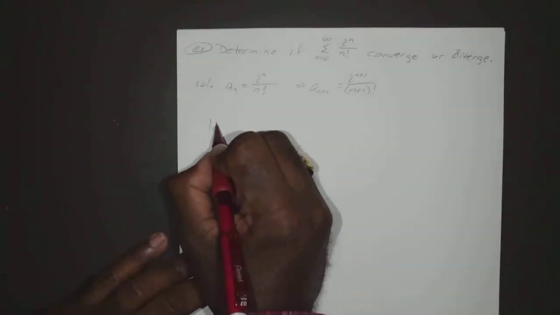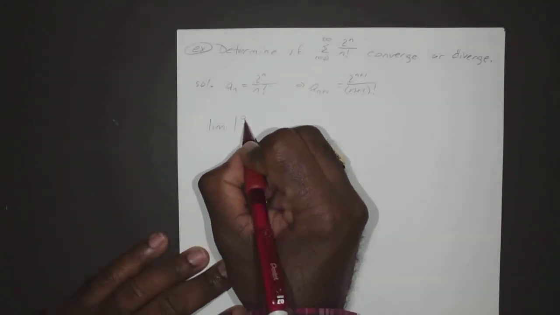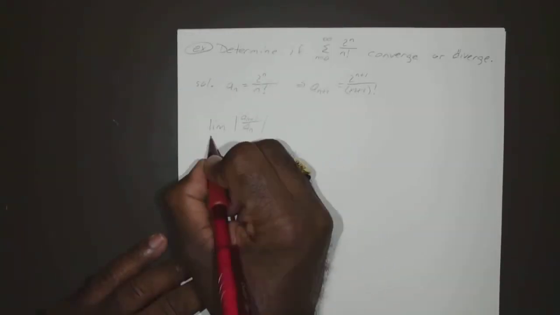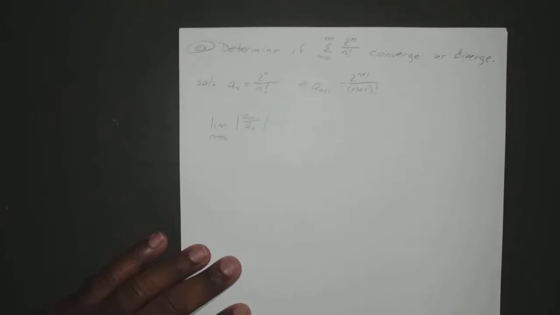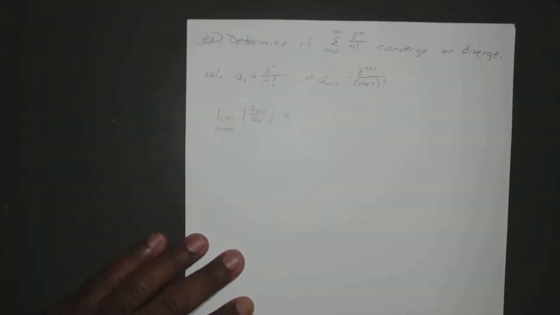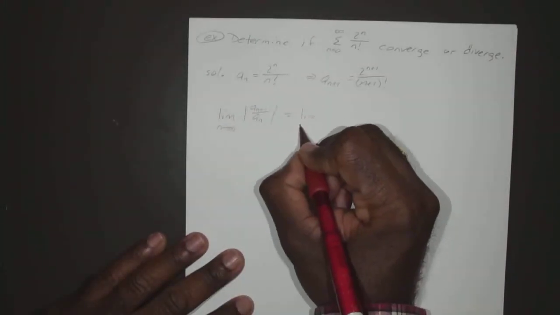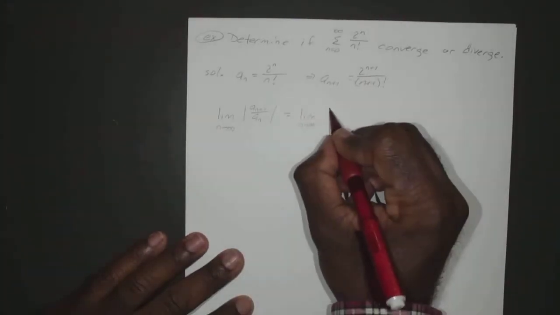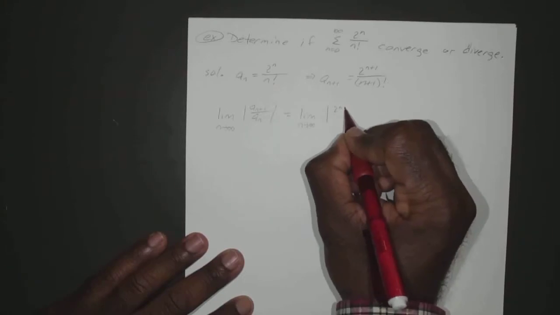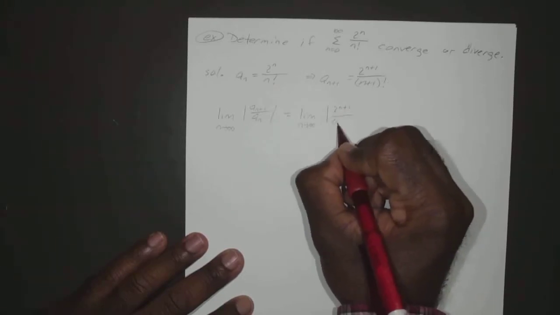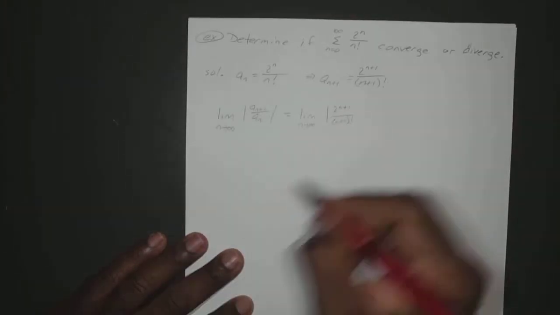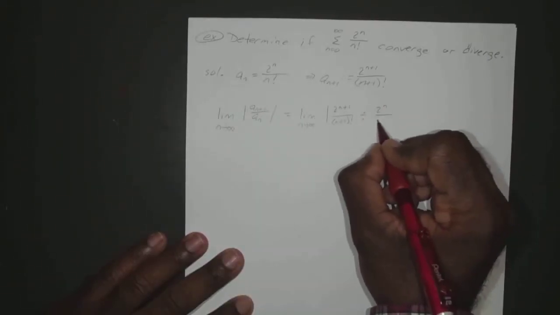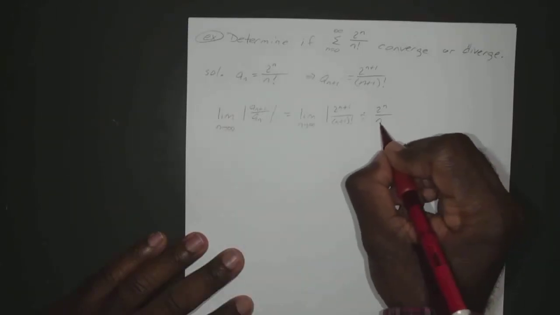Okay, so that means the limit of the ratio of a sub n plus 1 over a sub n as n approaches infinity is going to equal the limit as n approaches infinity of the absolute value of 2 to the n plus 1 power over n plus 1 factorial divided by 2 to the nth power divided by n factorial.